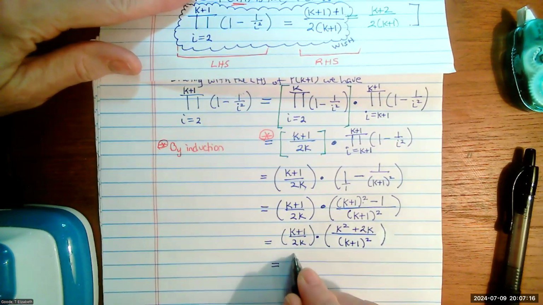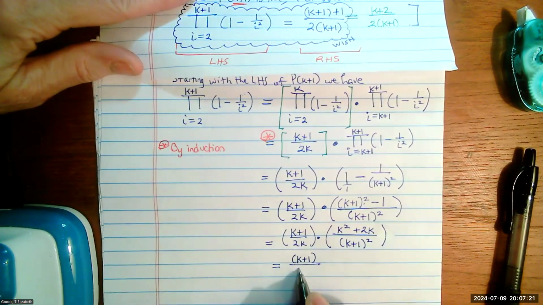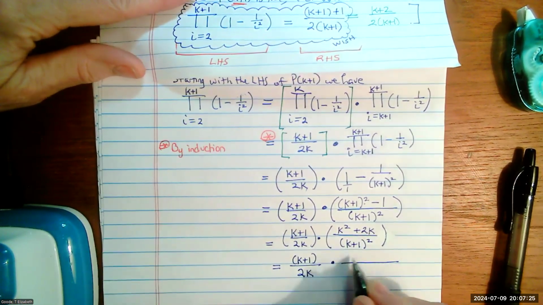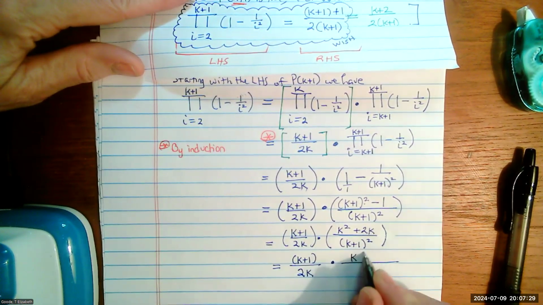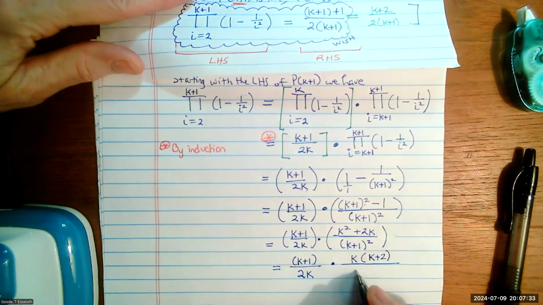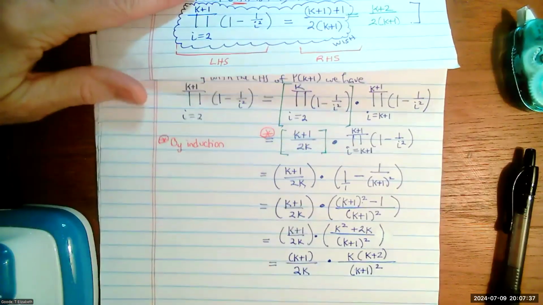So what do we got? Just separating things out, we've got k plus 1 up top over 2k times, well, we can factor a k out of k squared plus 2k now, k times k plus 2 up top, and downstairs we have k plus 1 squared.